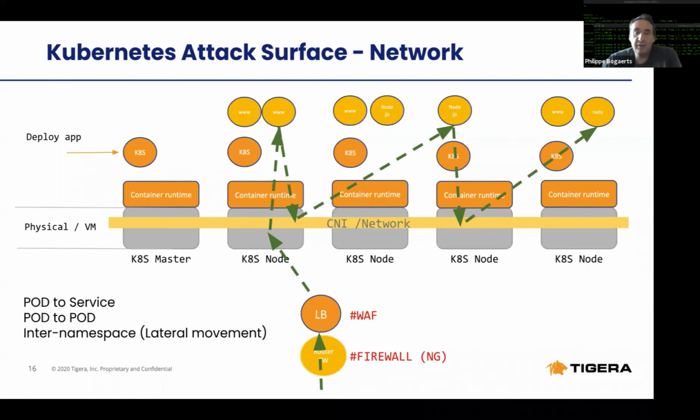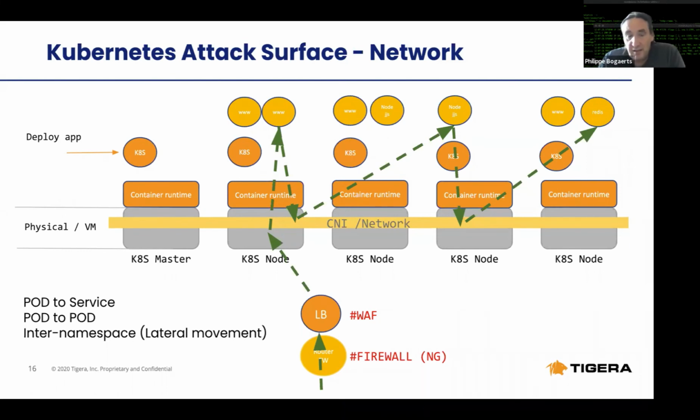Think about the way that pods can talk to each other. There are small, subtle differences. Very often this is pod to service, which basically means that the web server in this case has no idea what the IP addresses are of the Node.js pods. So it sends it to a cluster IP address, and that cluster IP address is a construct in Kubernetes that knows what Node.js services are there.